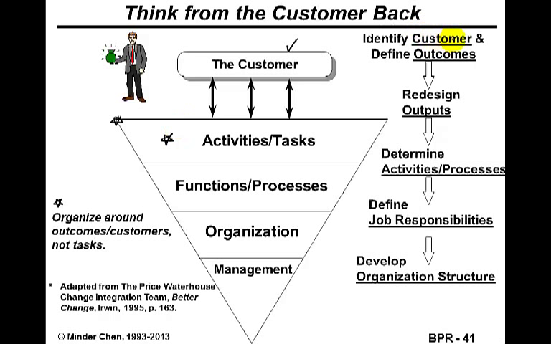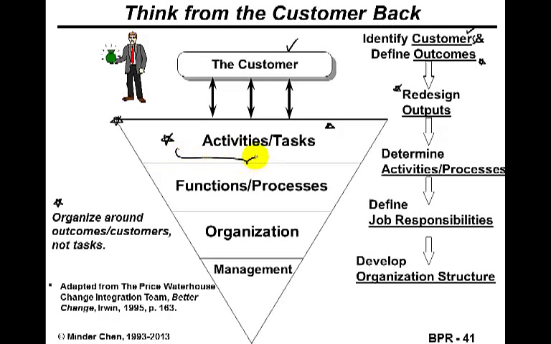And the first is to identify who are our customers, and then define what are the desirable outcomes that they would like to get from us. We need to actually consider redesign the output, which will be our product or services, and then we start to define the necessary activity or task that we need to perform.